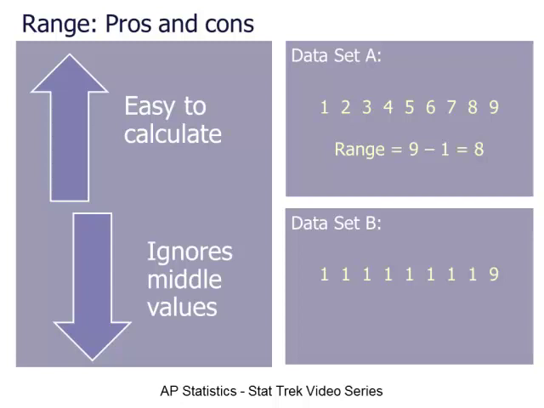Despite these differences in variability, the range of both datasets is equal to 8. This example illustrates how the range can be deficient as a measure of variability, because it considers only the largest value and the smallest value in a dataset. It ignores variability in the middle values.